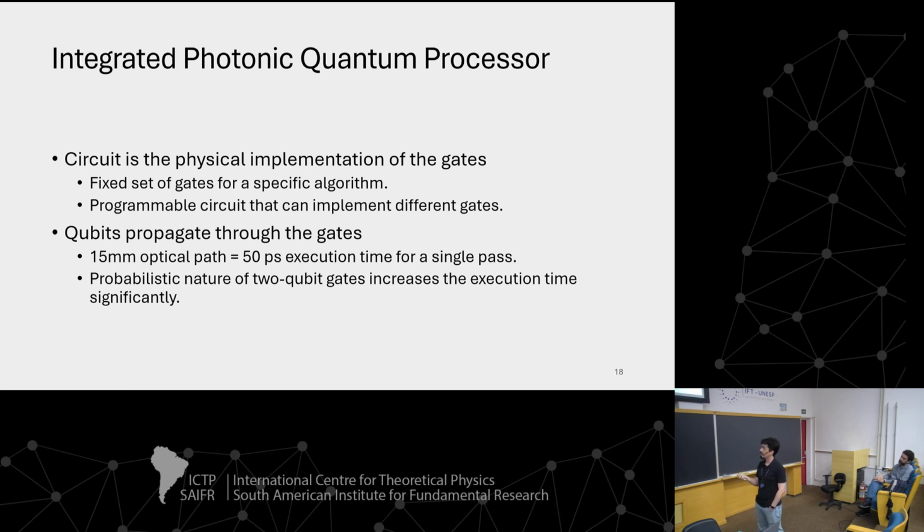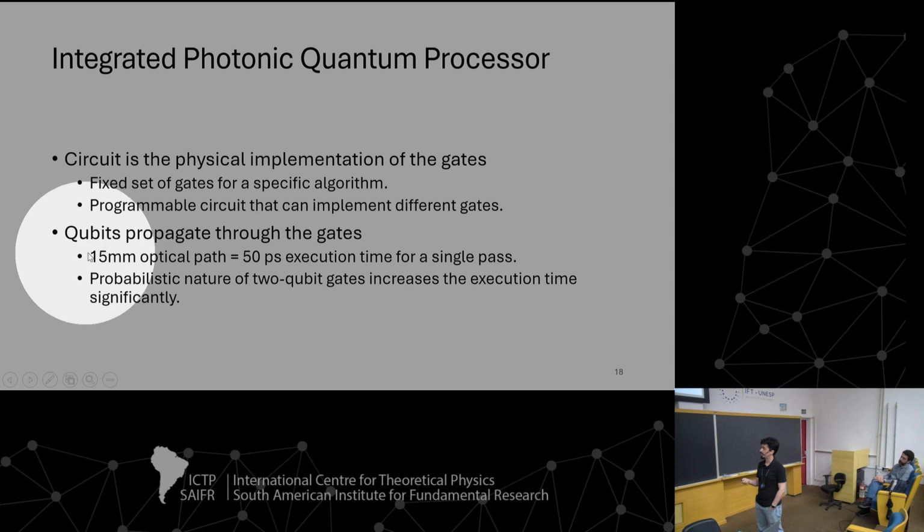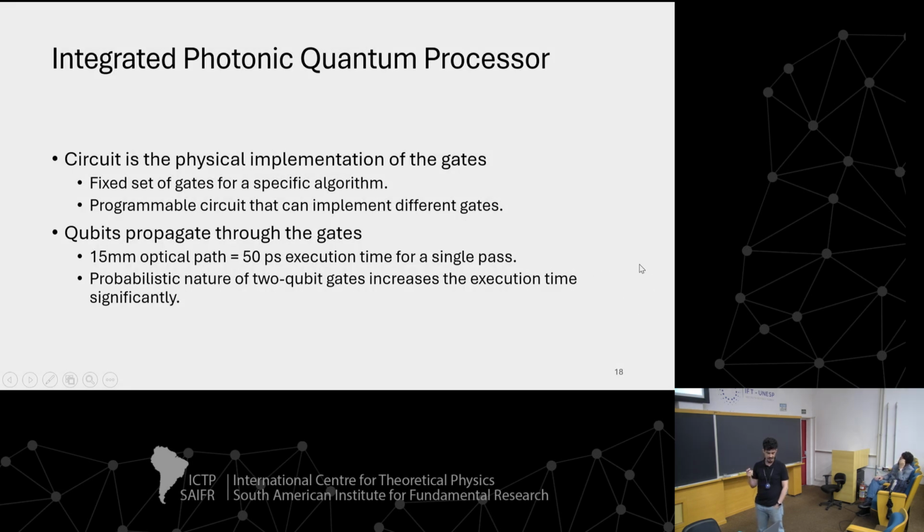And this is essentially different from, if any of you have seen how superconducting quantum computers work, their qubits are sitting around in the processor, and they apply the gates as a series of radio frequency pulses. Here, it's the other way around. Our gates are sitting there on the chip, and we fly our qubits through the gates. Okay, so it's the opposite.